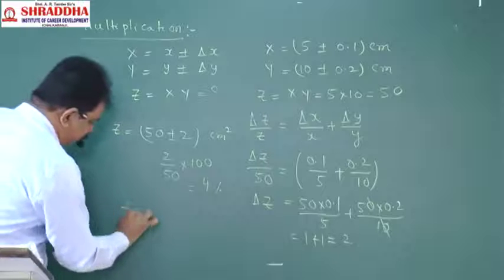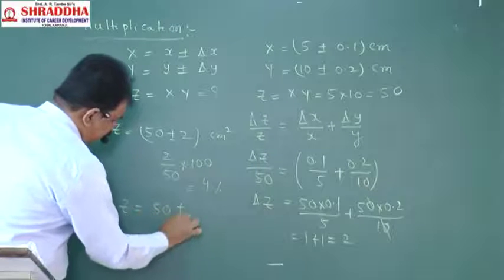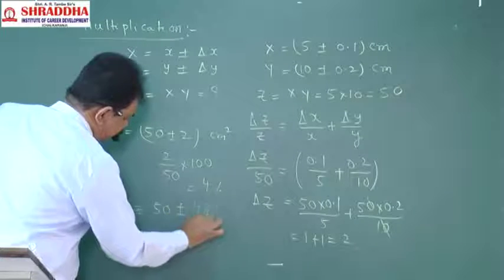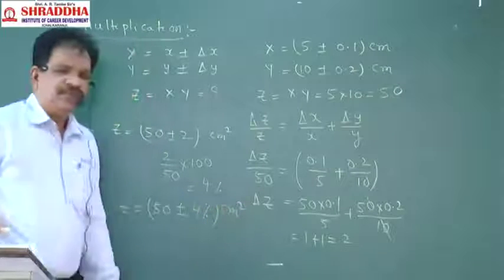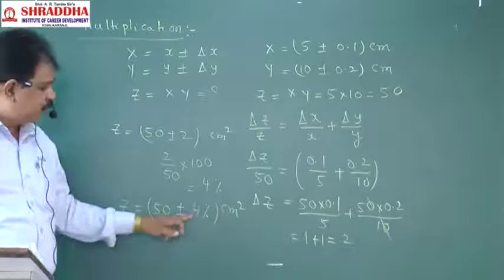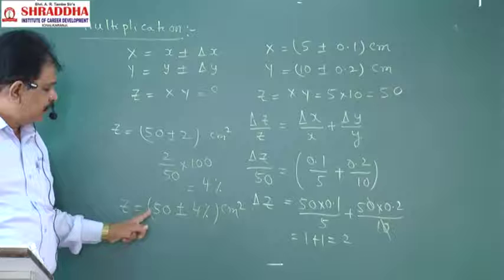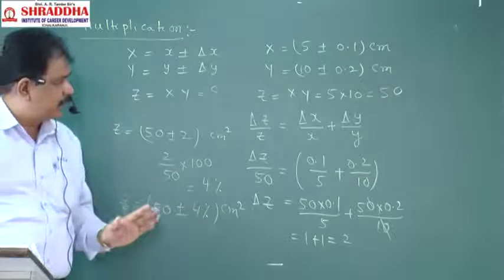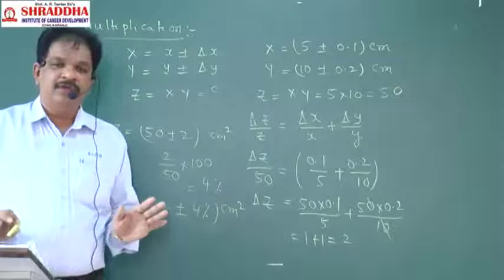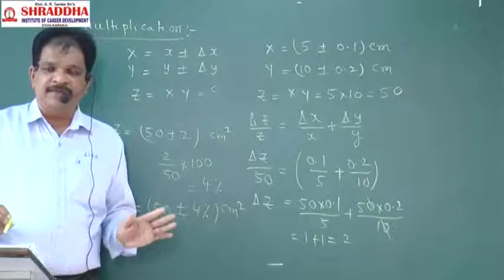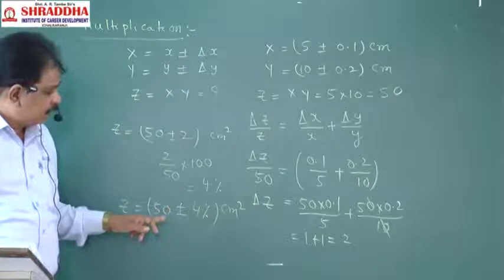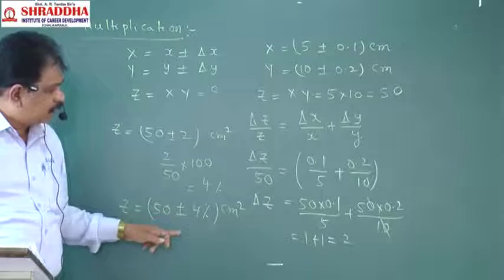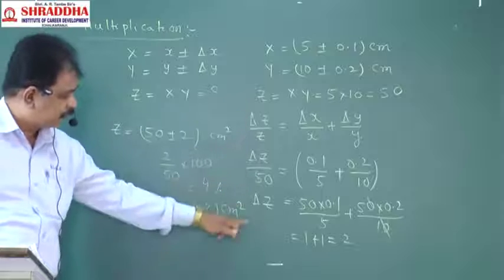If you write this in this format also, there is nothing wrong. 50 plus or minus 4% centimeter square. Clear? My points are clear to you? This is the procedure to find the error in multiplication.